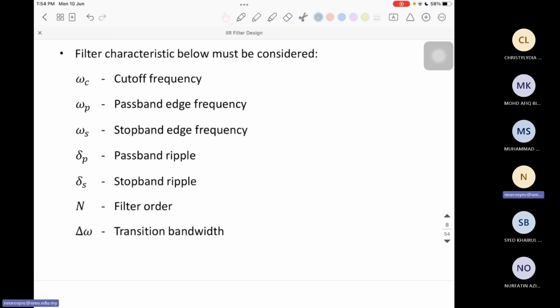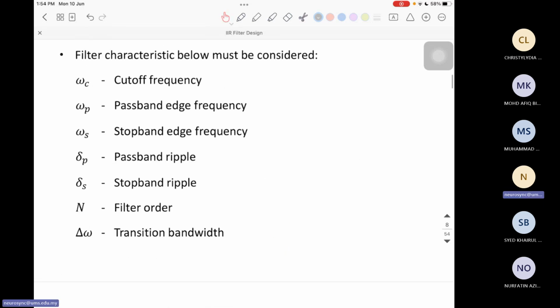Delta omega is the transition bandwidth, which determines the quality of the filter. So these many characteristics will be considered while designing a non-ideal filter.